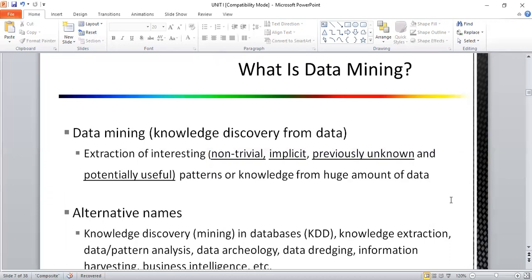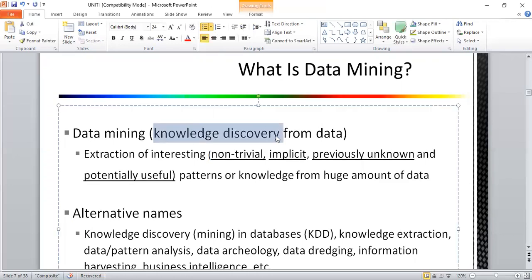Now coming on to our data mining. Basically, data mining, as it is written over here also, is knowledge discovery from data. Please remember this term that I've just highlighted, knowledge discovery, a very important term. A separate flow diagram is there for that one. Data mining is alternatively called knowledge discovery in databases. So remember this term, knowledge discovery. We are trying to discover some knowledge from our huge amount of data, and that makes a definition: we are trying to extract some interesting patterns or some interesting knowledge from a huge amount of data.